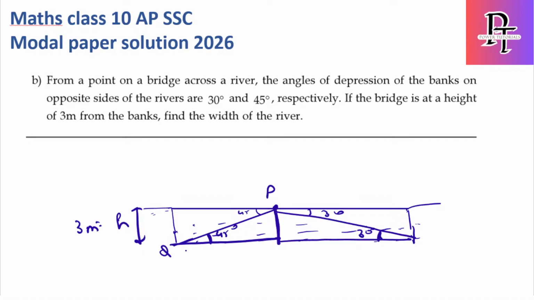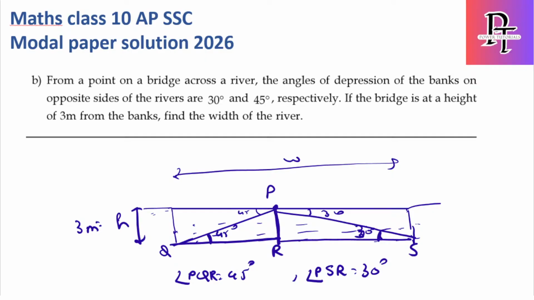I will write this as PQRS, marking this one as R. Angle PQR is equal to 45 degrees and angle PSR is equal to 30 degrees. You have to use the triangles to solve this. What they are asking is the width of the river, so this whole length we need to find.